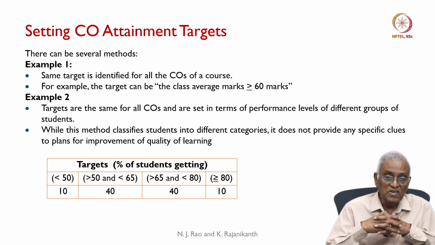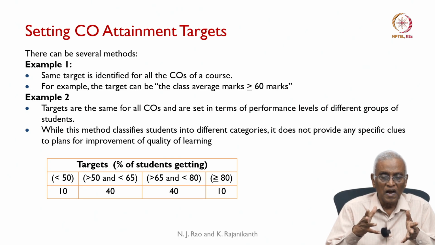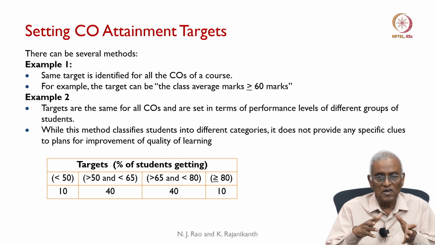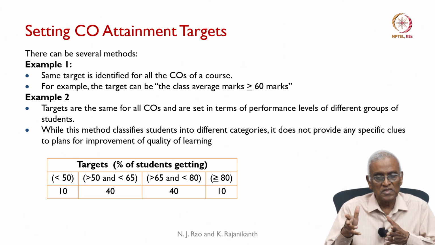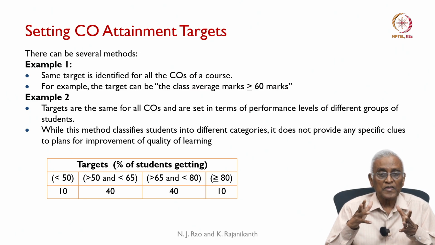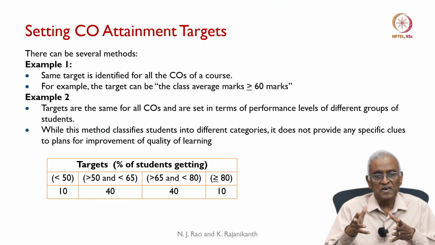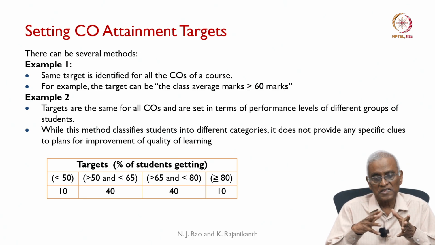Even with class averages, you have several options. We will present some options and explain which option we prefer, because it has certain features. But still, if they want, the department can choose a slightly different method of setting the targets.